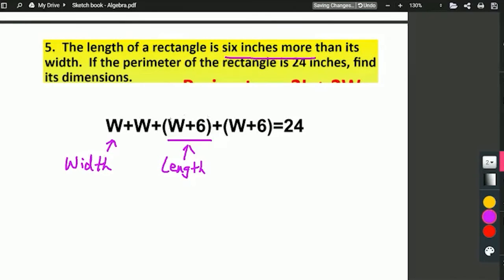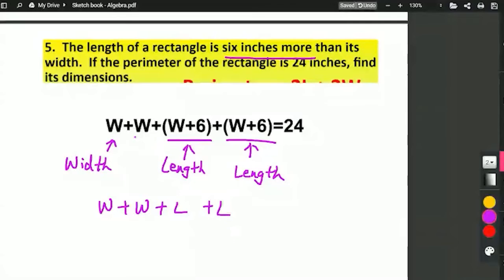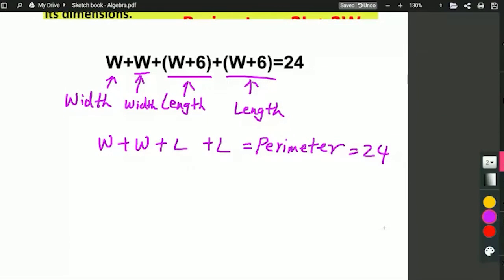So this is going to be our length. Therefore, width plus width plus length plus length is our perimeter, and that is 24.